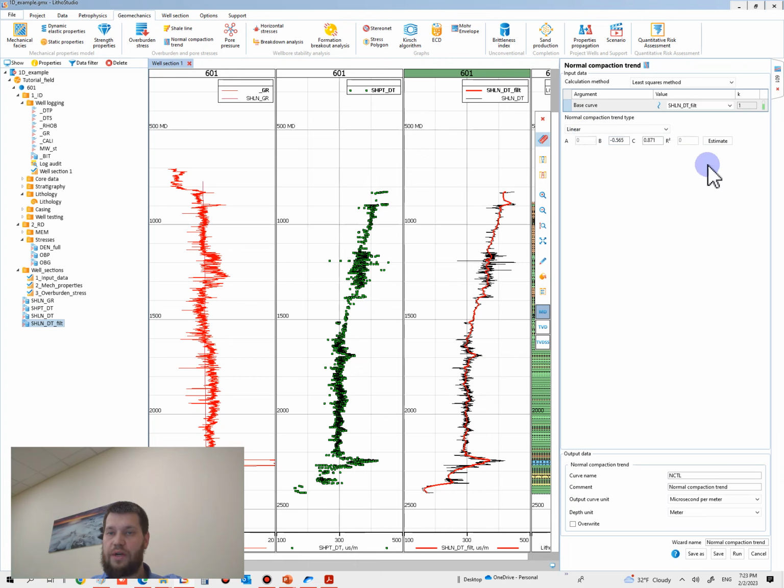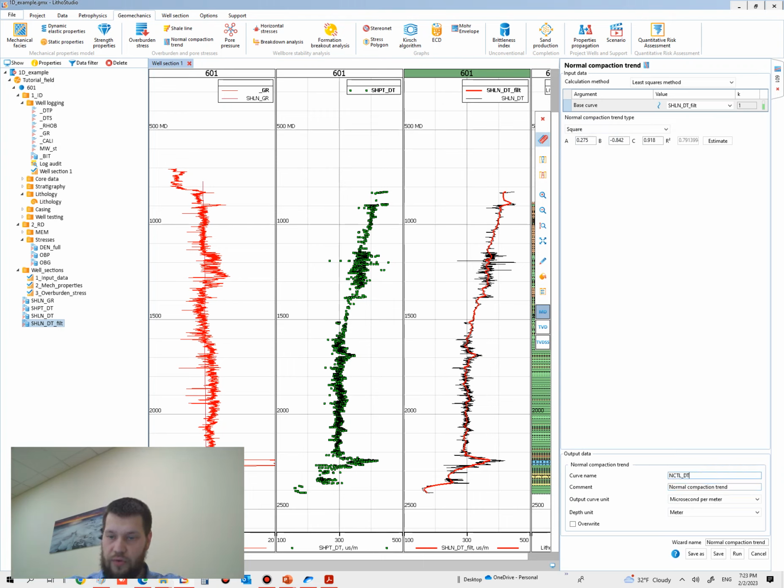Okay, for linear we estimate 0.77. For square, the coefficient is more than the previous, and for log, so equal. Let's use square.